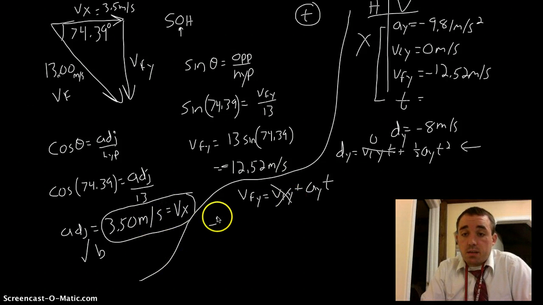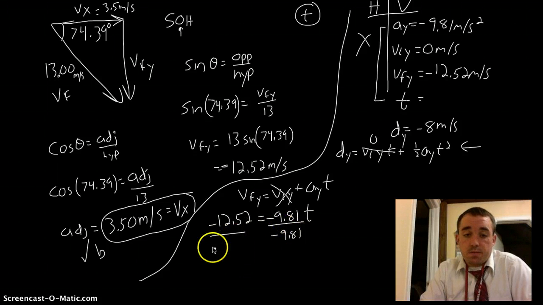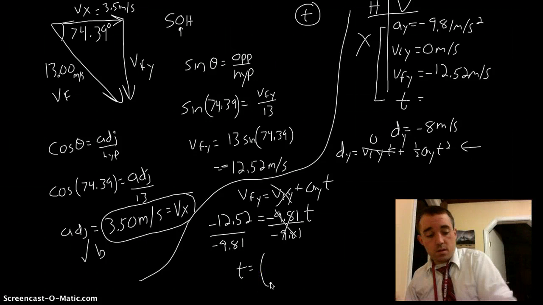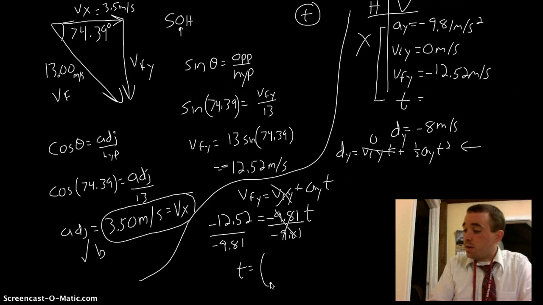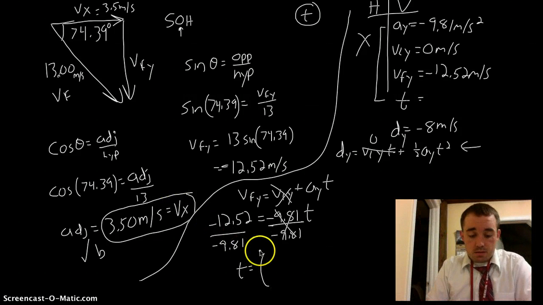Just plugging in, negative 12.52 equals negative 9.81 times t. Got to divide by the negative 9.81, divide by negative 9.81 on that side, that one cancels, and you're left with a t of 12.52 over 9.81, 1.28 seconds.